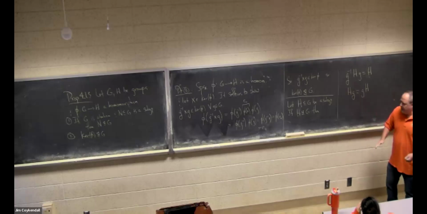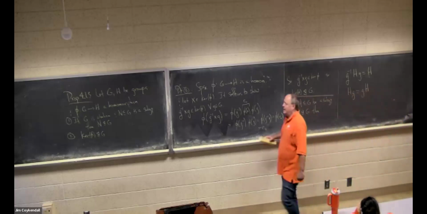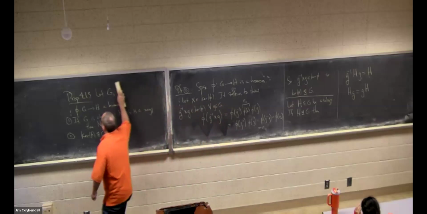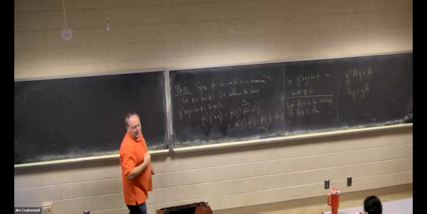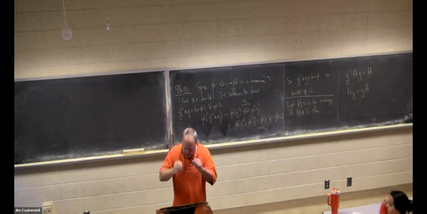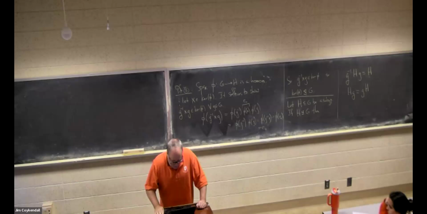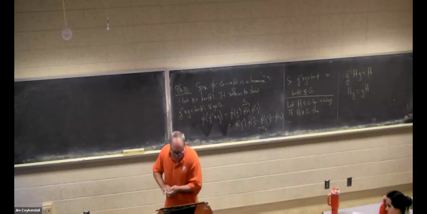Let me formally define these and work some examples, see how they work. So let H be, I don't care if it's normal at this point, any subgroup.